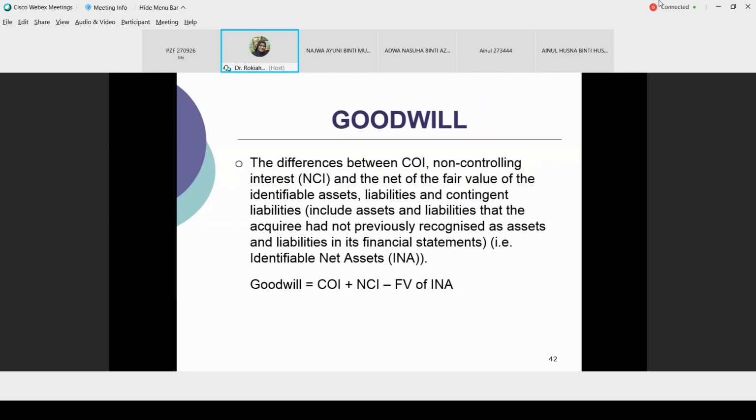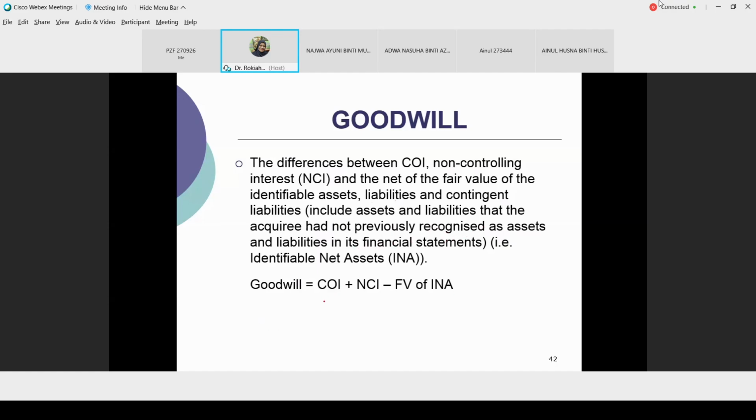Let's look at the first issue, goodwill. Goodwill here is the difference between COI, NCI, and the fair value of identifiable assets, liabilities, and contingent liabilities, which include assets or liabilities that the acquirer had not previously recognized in its financial statements.